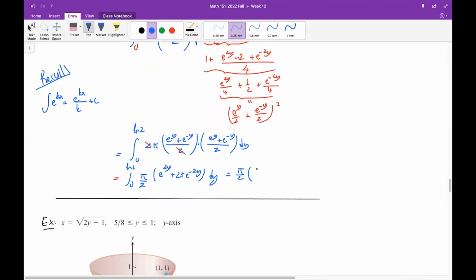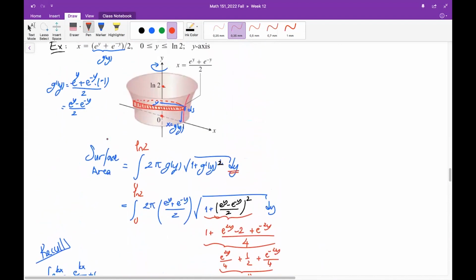So itself over 2, where 2 is the coefficient at the power, plus 2y, plus itself over the coefficient like that. And then you have to evaluate this result at the upper and lower boundaries, ln2 and 0. So the resulting real number will be the surface area of this three-dimensional object. So I stop here. Thank you for your attention.